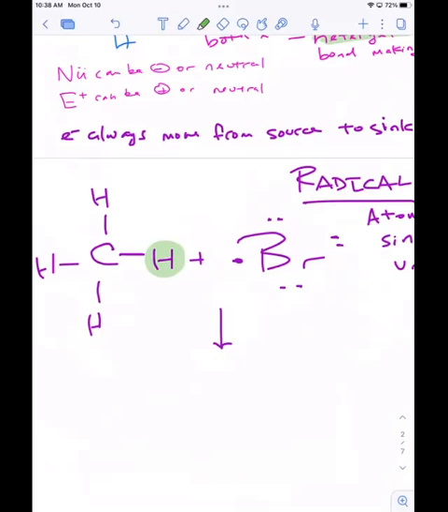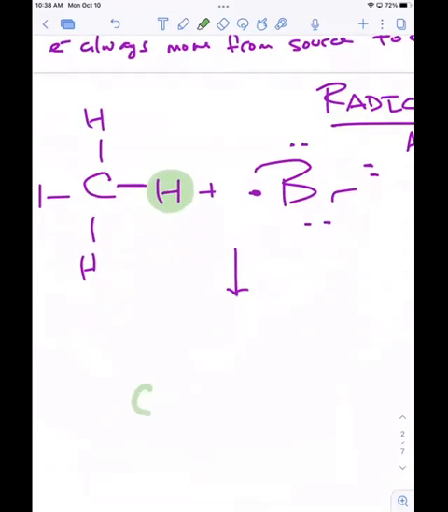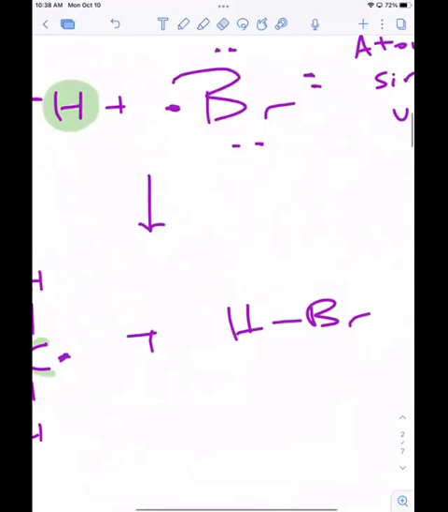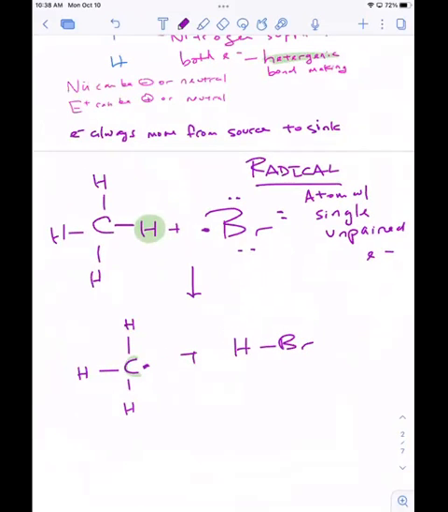But the way that this happens, let's draw the product, and then we're going to figure out what happens. This is one part of the product plus, all right, what happened?